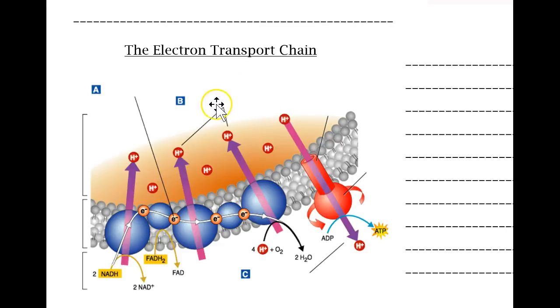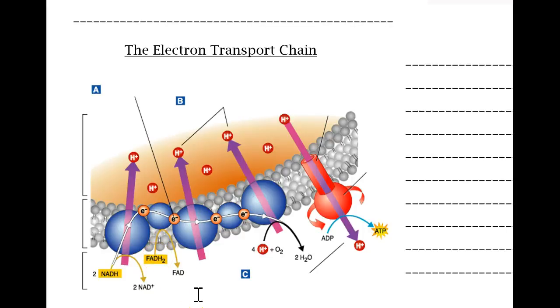As I said, we're in that intermembrane space between the outer membrane of the mitochondria and the cristae. And this is the cristae membrane. So this side that you're looking at is actually going to be the matrix where the Krebs cycle happened and the NADH and the FADH2 were produced.